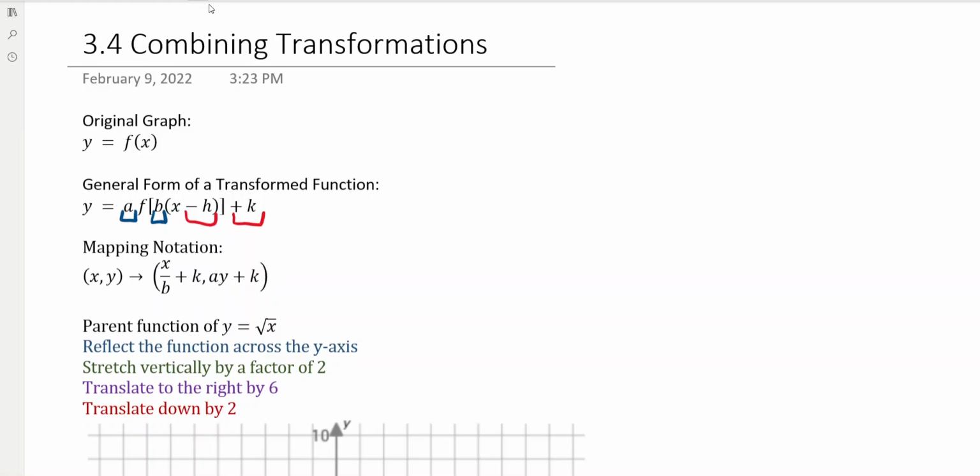So we're combining multiple different transformations at once, so having a reflection and a stretch, or a stretch and a translation. One of the rules is that, unless you're told otherwise, stretch and reflect can happen at the same time, but do that first before you do a translation.